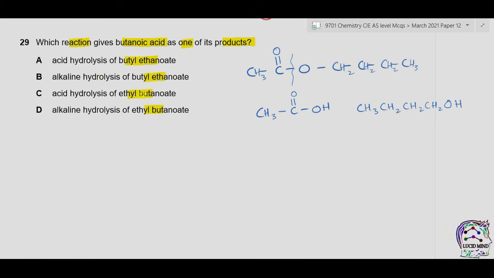Upon alkaline hydrolysis, this carboxylic acid hydrogen is replaced with sodium if it is sodium hydroxide alkali that is present. The other structure is the same. So we have sodium salt of carboxylic acid, which is ethanoic acid, along with the same butanol. So we have ethanoic acid and sodium ethanoate, so therefore A and B are incorrect.